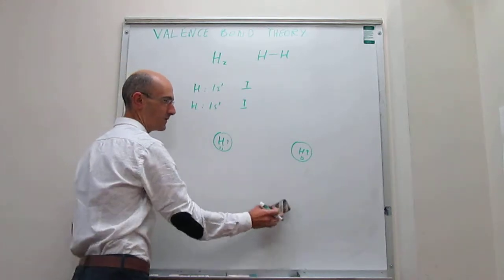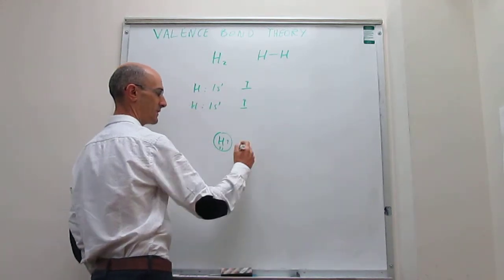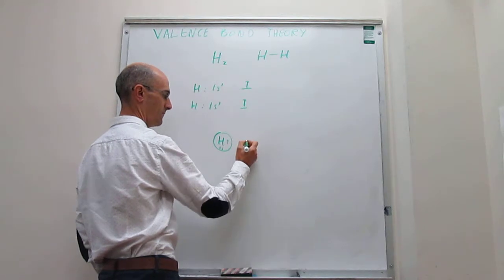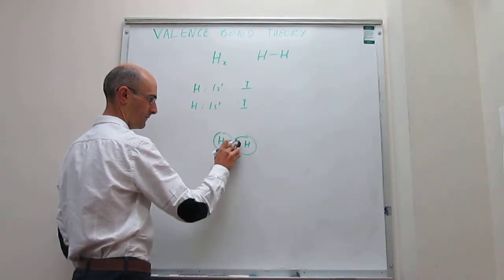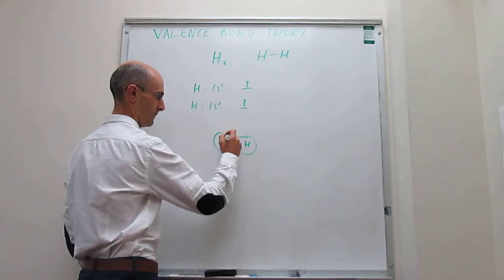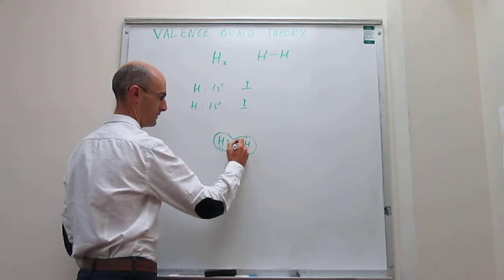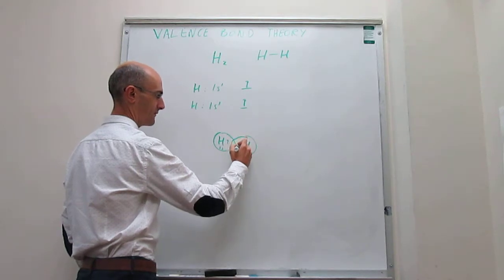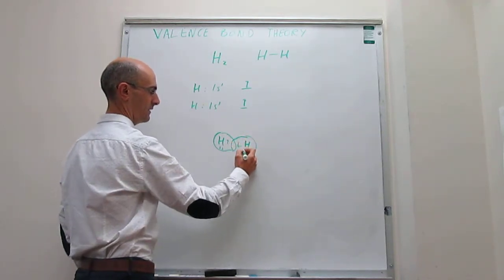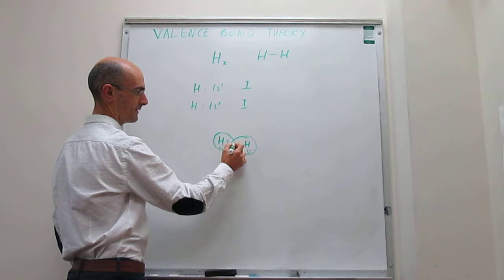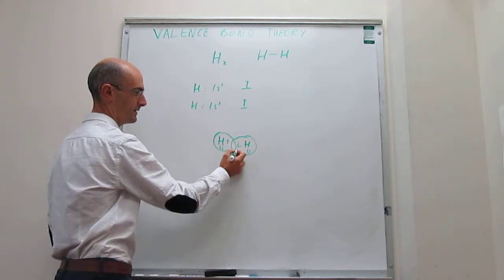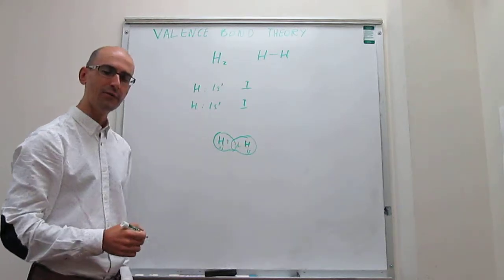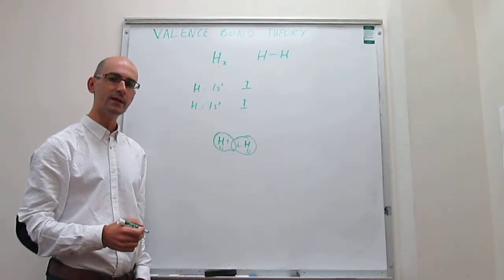But then you can bring them together, and those atoms can interact, and those wave functions can overlap. We can write them like this, giving a region of space in which both electrons can be at the same time and be attracted simultaneously by the two atoms. So it's essentially this overlap of the orbitals that generates a bond.